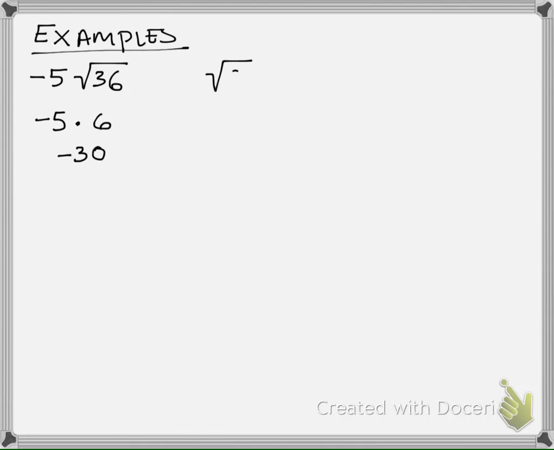The square root of 81 minus the square root of 9. See if you can do this. Okay, the square root of 81 is 9, minus the square root of 9 is 3. So 9 minus 3 is 6.